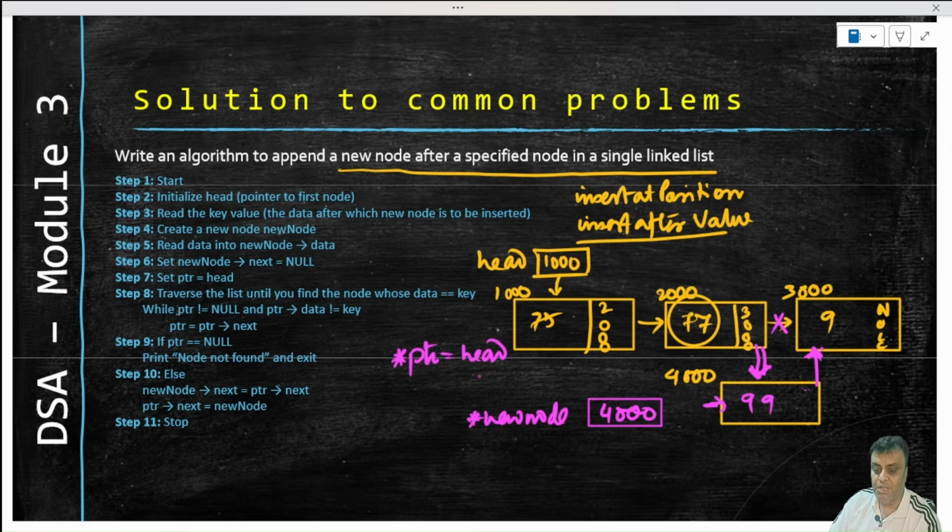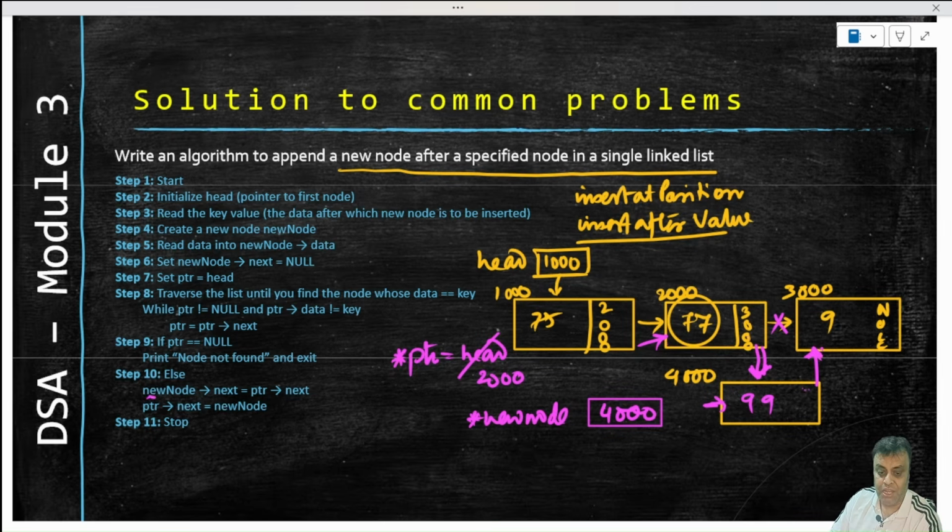And then from head through PTR, we were navigating this particular linked list till we actually got a match of our 77. As soon as we got a match of 77, our PTR is therefore pointing to 2000, right? Because it exited here, so it should point to 2000. So when it exits there and it points to 2000, then we have a scope to say that PTR's next, wherever it is pointing, should be the address of the new node.